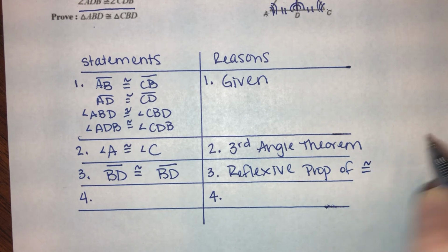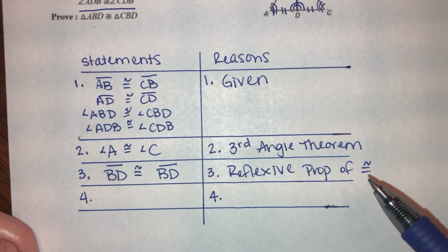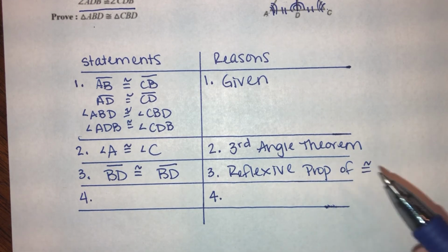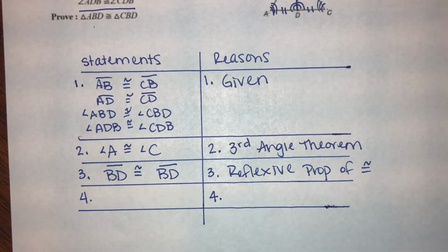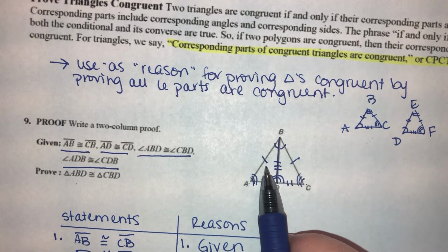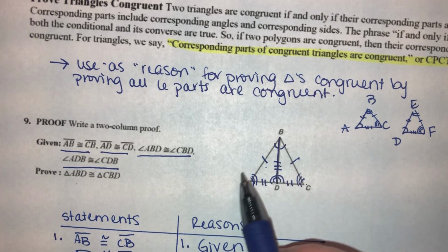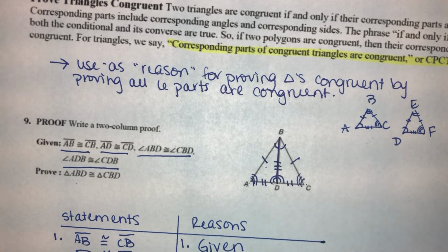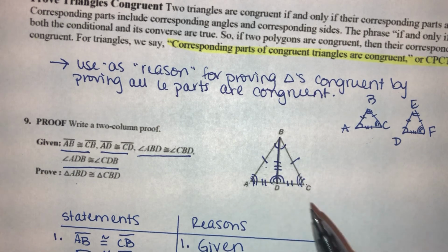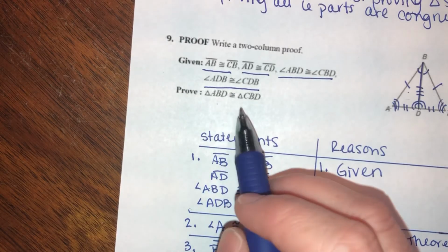It's not a big deal that you write the rest of that. You can just write reflexive because right now nobody's concerned about if it's of equality or congruence. We all kind of assume it's congruence. So now we've proven that this third side is congruent, whether it's used in this triangle or this triangle. We've proven all 3 sides are congruent and all 3 angles. So now I have enough to say this entire triangle is congruent to this entire triangle, which is what my proof says.